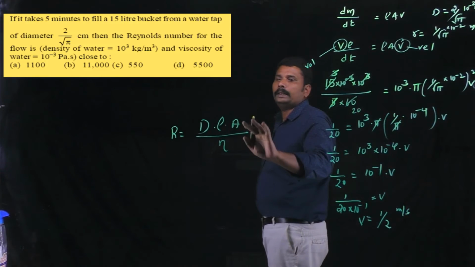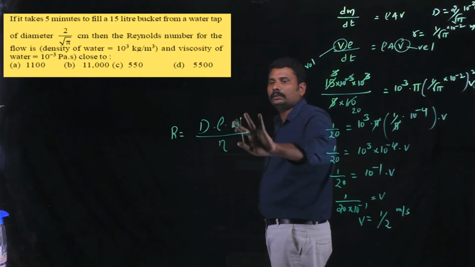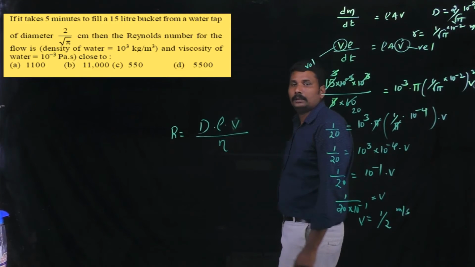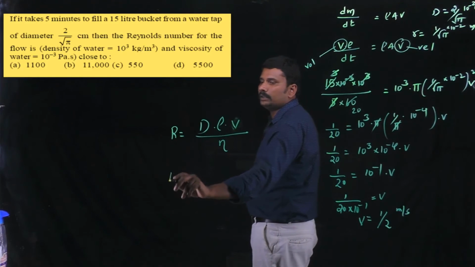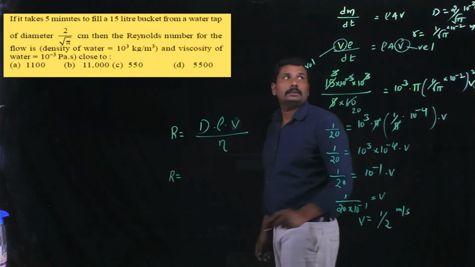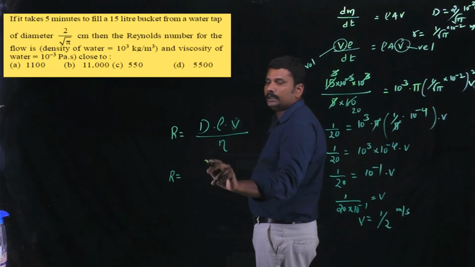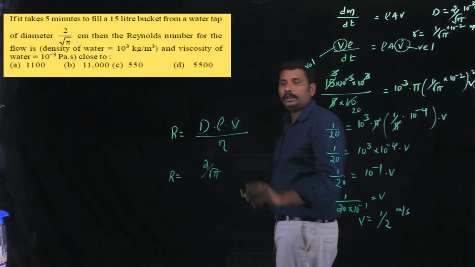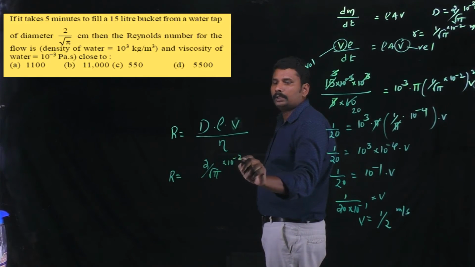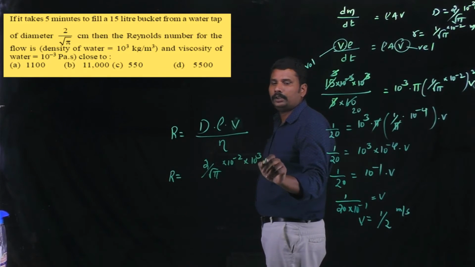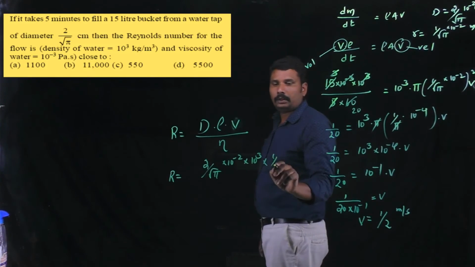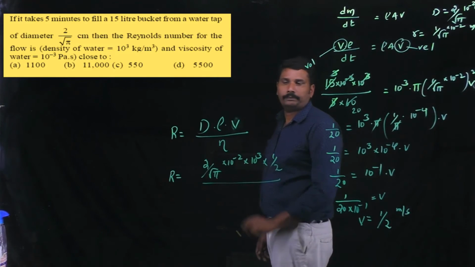By substituting the values, we get that R equals to diameter of the pipe, it is 2 by root pi into 10 power minus 2, and density of the liquid 10 cube, and velocity it is 1 by 2, by eta.